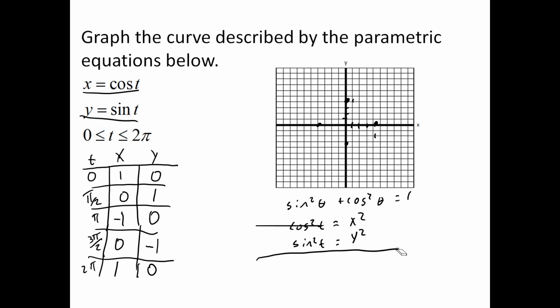And then if we add these two equations together, we get that the cosine squared of t plus the sine squared of t is equal to x squared plus y squared, but the left side is 1. And you should recognize that equation, 1 equals x squared plus y squared, as the equation of a circle. And so this is exactly a perfect circle.